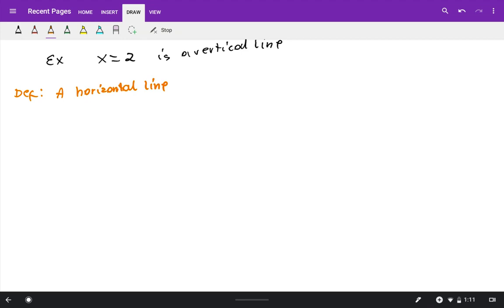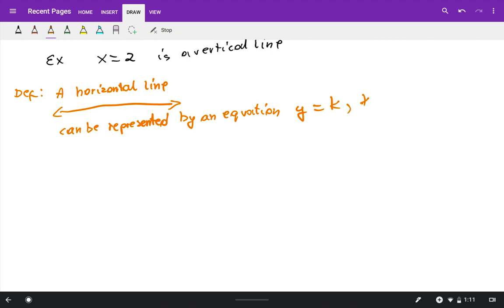A horizontal line is the line that goes from left to right, and can be represented by the equation y equals k.